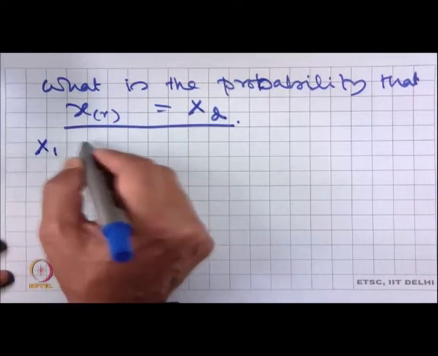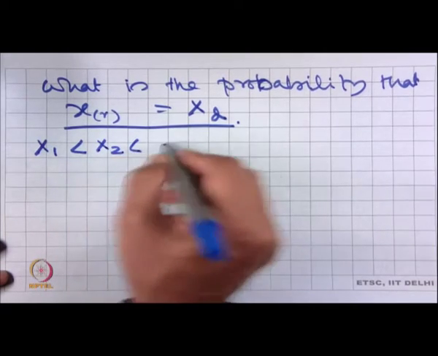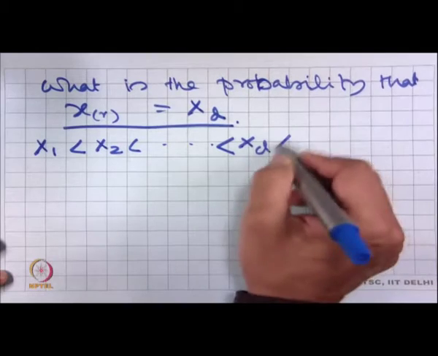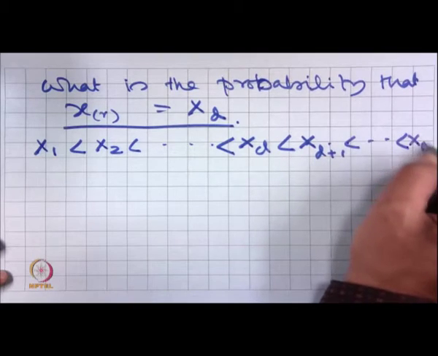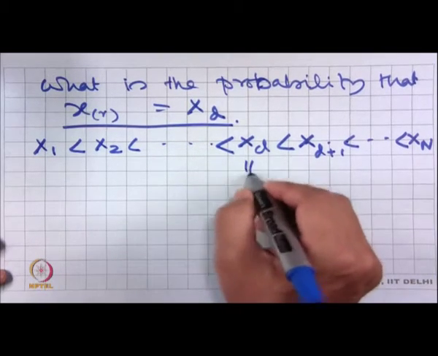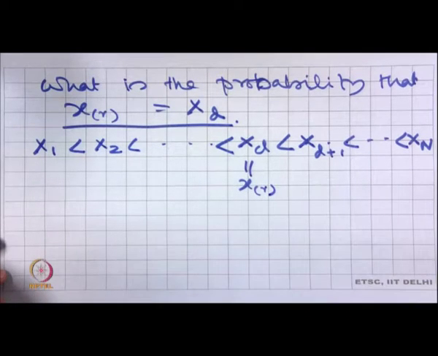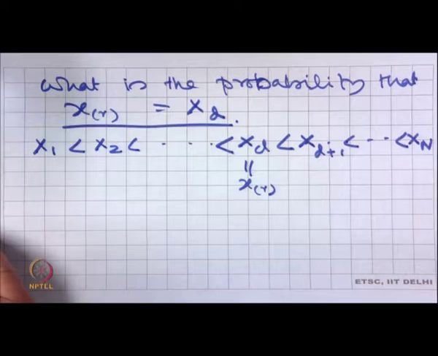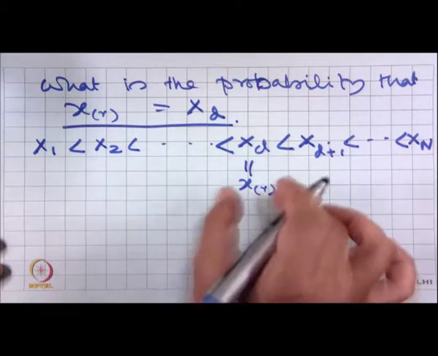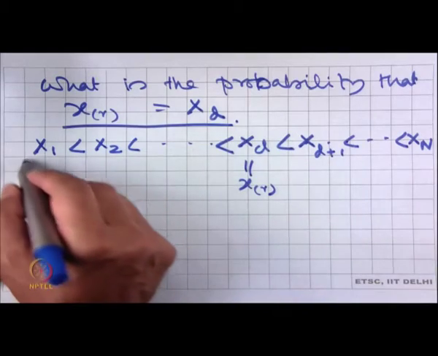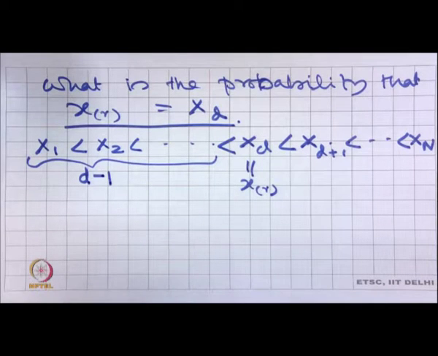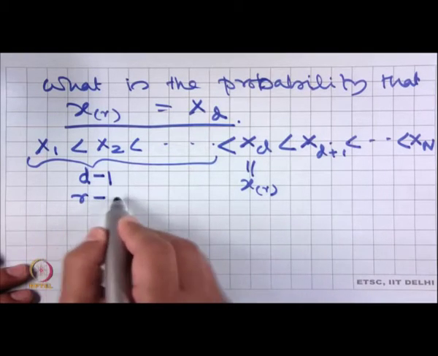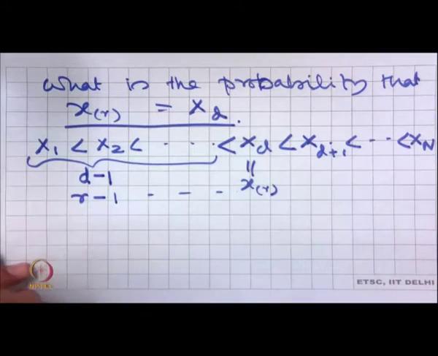Since this part is sorted, and I am looking at that the rth order statistic is same as this, what is going to be the probability? Since rth order statistic is equal to x d, we have exactly d minus 1 elements on this side, and in the sample we have r minus 1 elements below this.